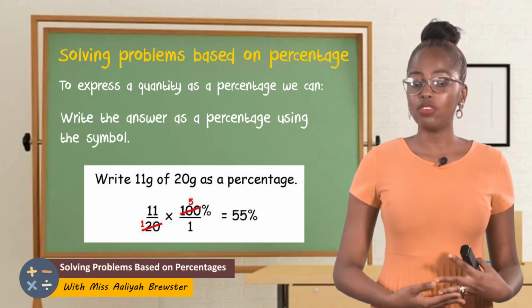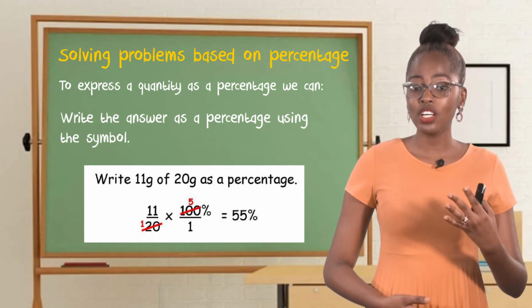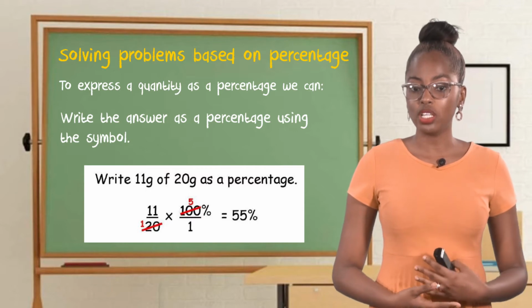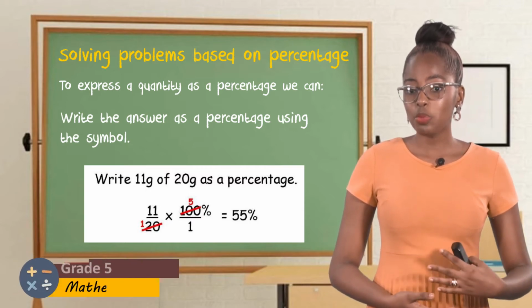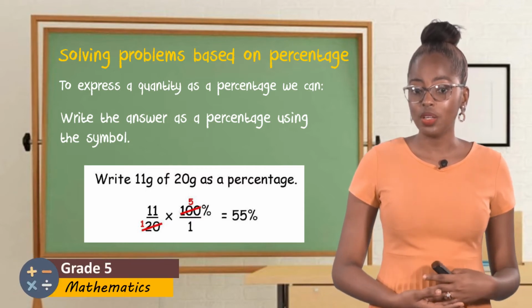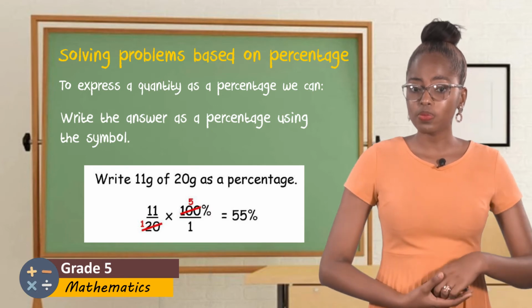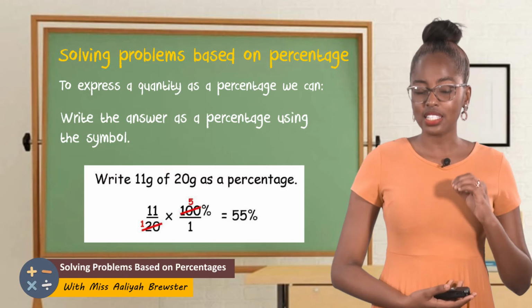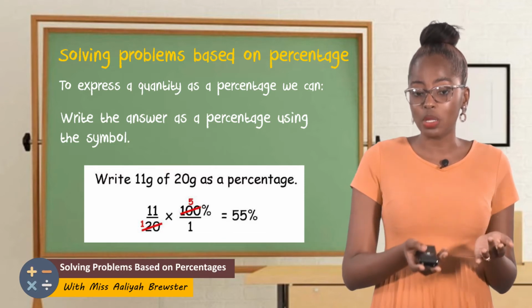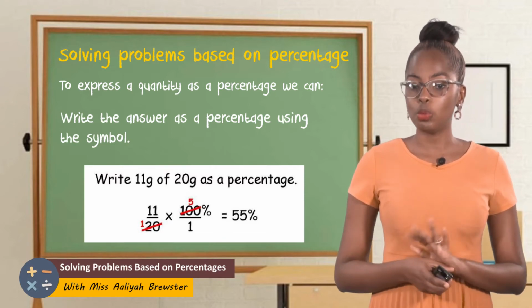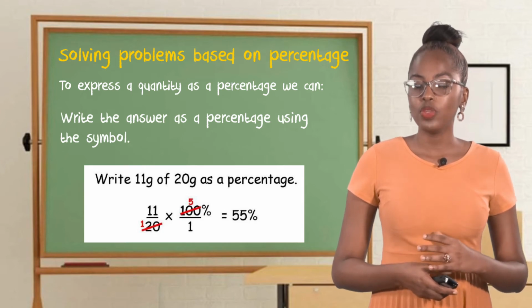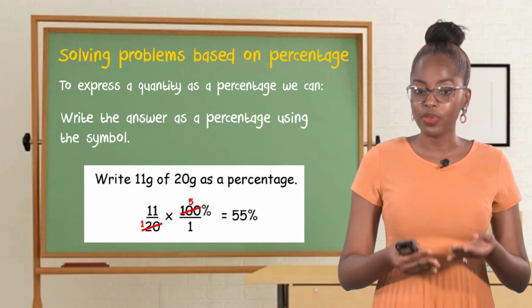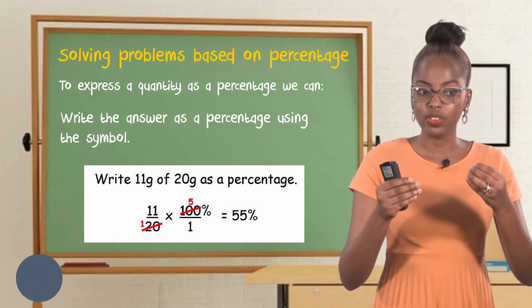Now from the scenario, we understand that 11 grams out of 20 grams of sugar was used to make the loaves of bread. To express that quantity as a percentage, we write 11 and 20 as a fraction, whereby 11, which is the part that was used, is the numerator, and 20, which is the whole amount of sugar that they had in the kitchen, is the denominator.